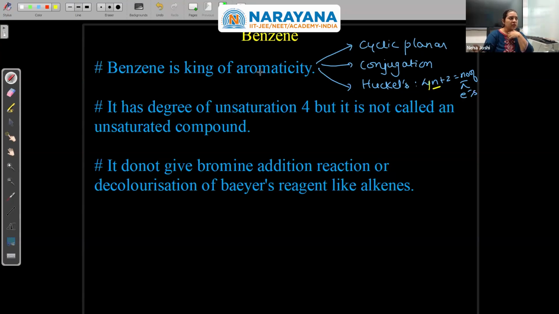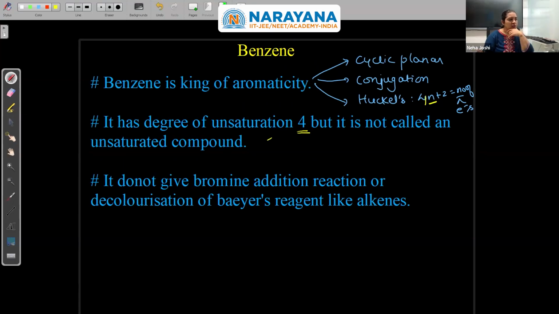When we talk of benzene, its degree of unsaturation is 4, correct? Its degree of unsaturation will include the 3 bonds and 1 cycle. So degree of unsaturation is 4.